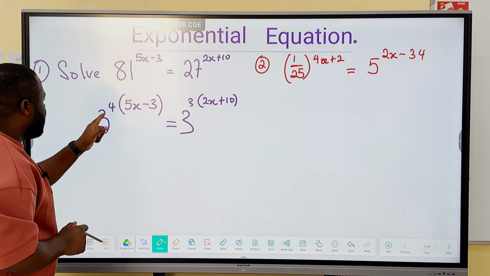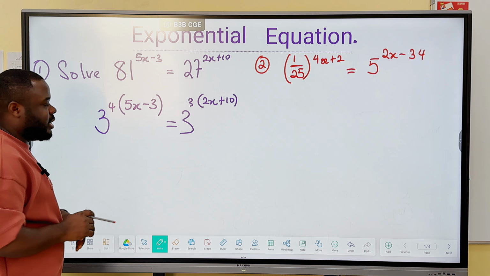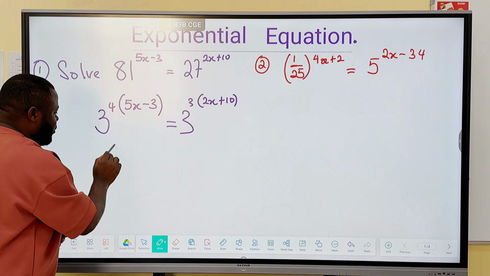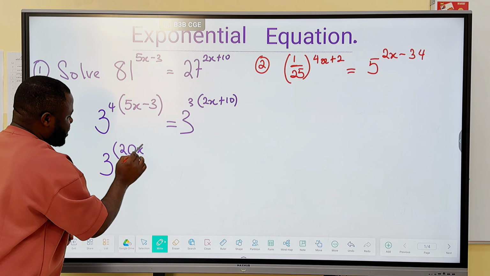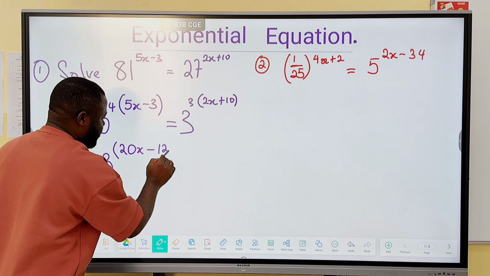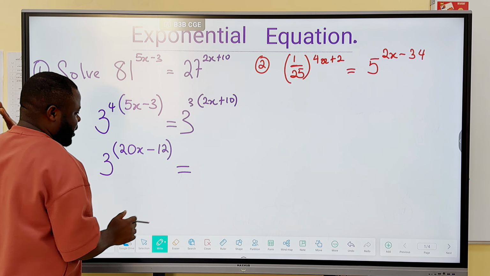Let's simplify the exponent. 4 times 5 is 20x, and 4 multiplied by negative 3 gives negative 12, so you are done with the left hand side.